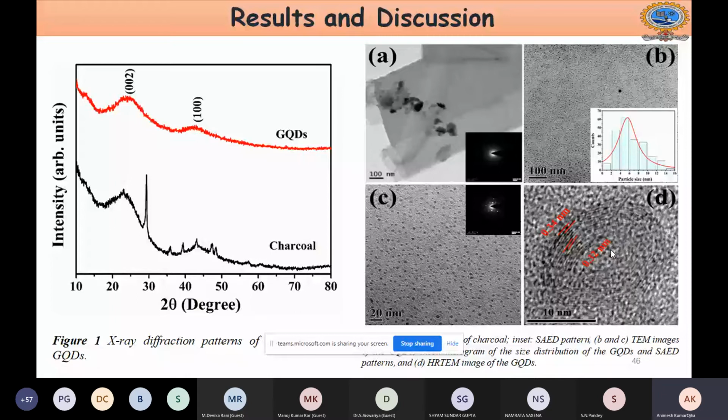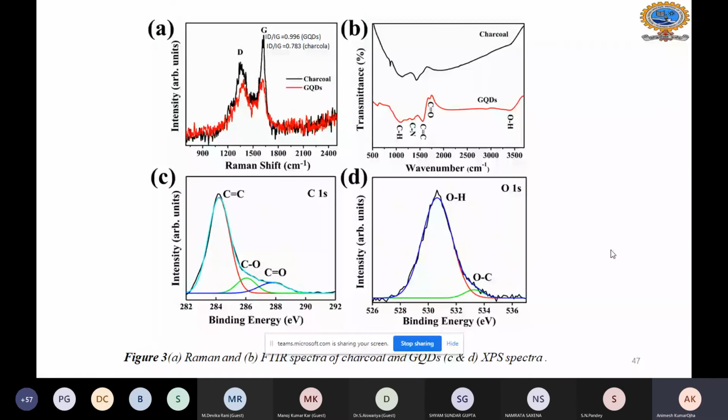Raman measurement has also been done in order to characterize these graphene quantum dots. If you see, it has two bands, D and G. In the original charcoal, the G band intensity is more and the defect band is less. But if you synthesize graphene quantum dots or any graphene-based material, like even reduced graphene, the defect intensity should be high.